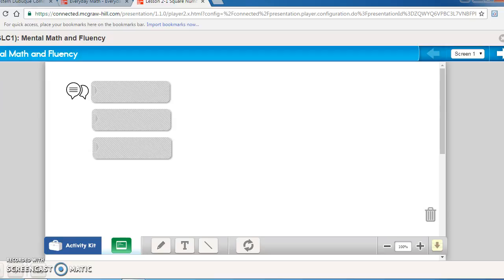You're going to describe your arrays using words and phrases like, I have this many rows and this many columns, and how many objects are in each row, and the total number of those objects. So you may have to stop the tape now, get those items, and then turn it back on when you are ready.